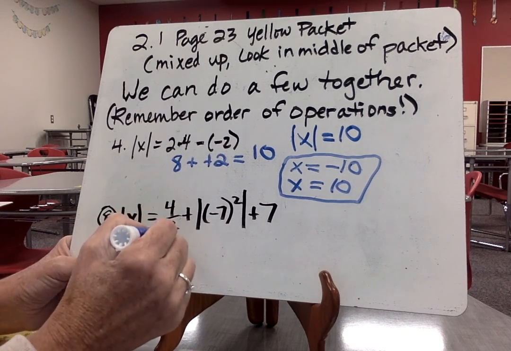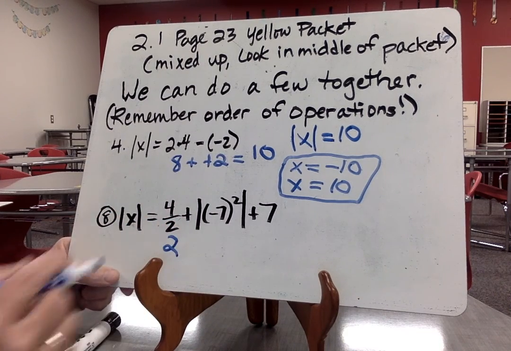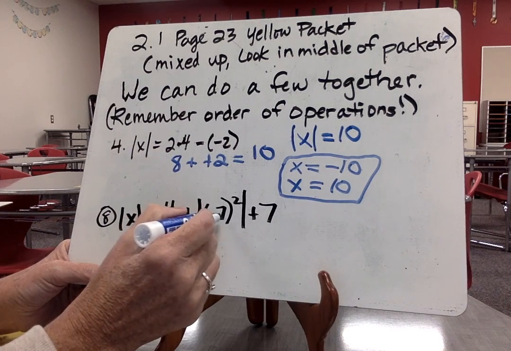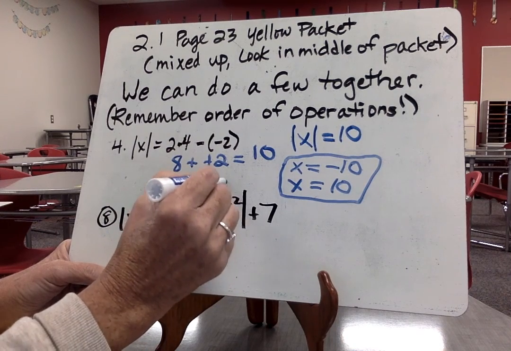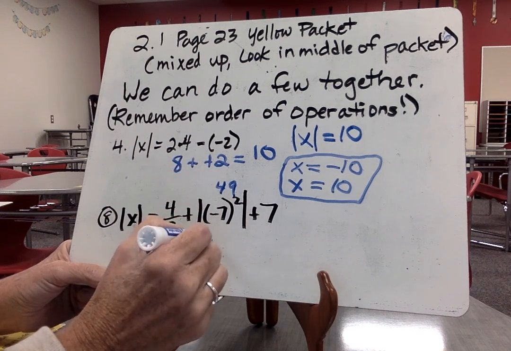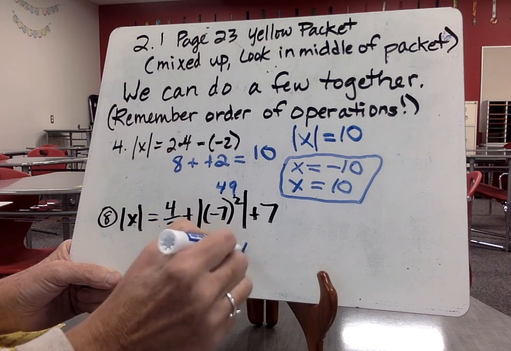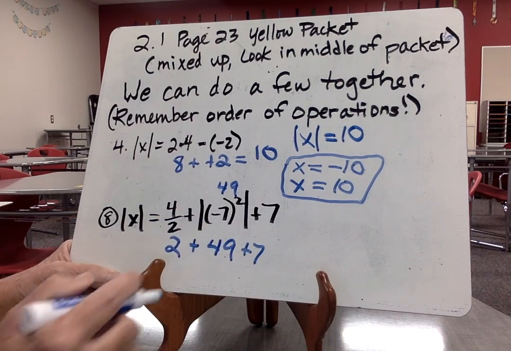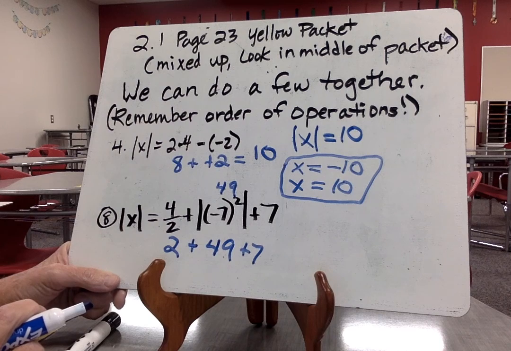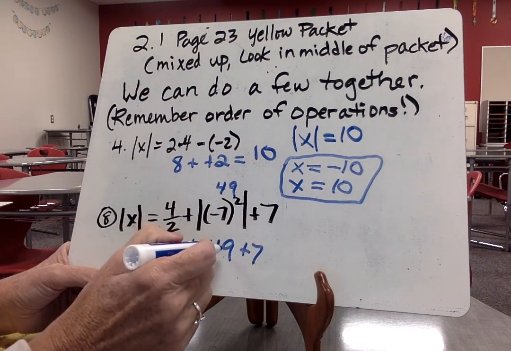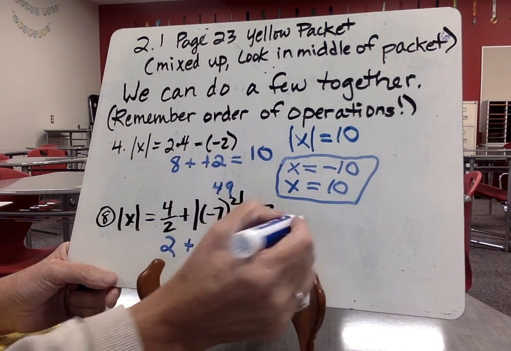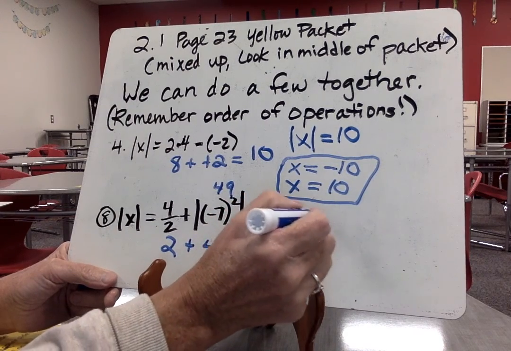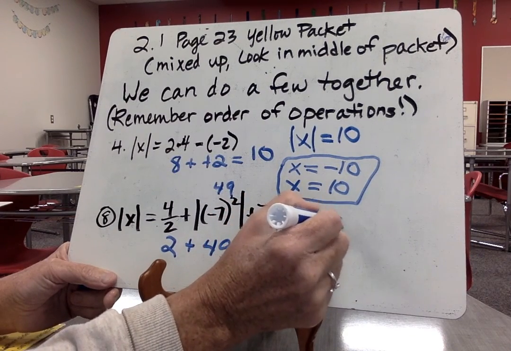So 4 over 2 is 2 plus absolute value negative 7 squared is 49. Absolute value of that is 49 plus 7. Now, is that going to result in a positive answer? 49, 50, 51, 58. So the absolute value of x equals 58.